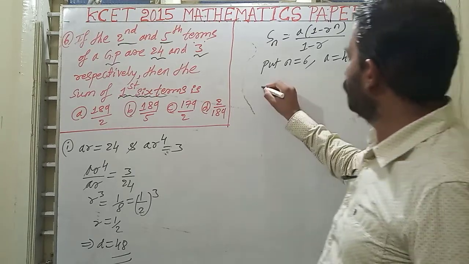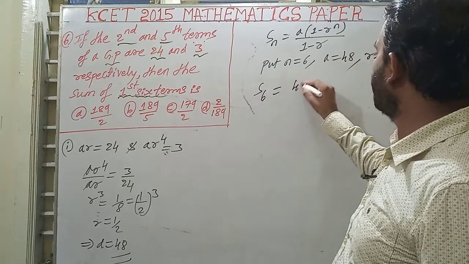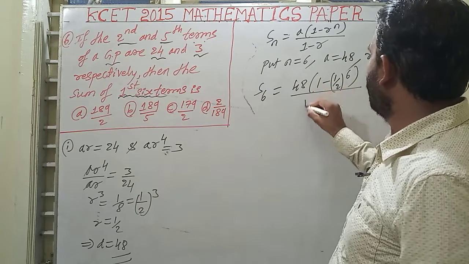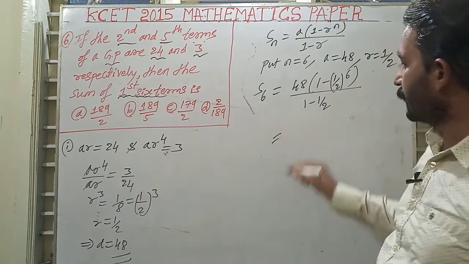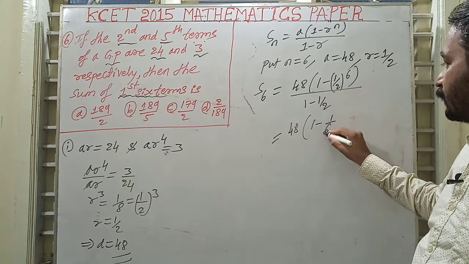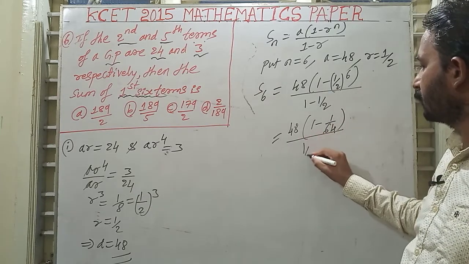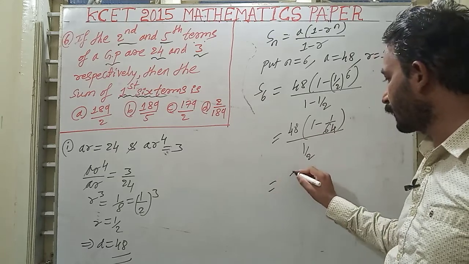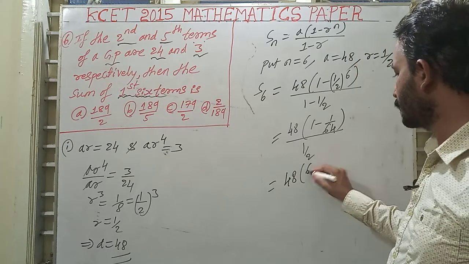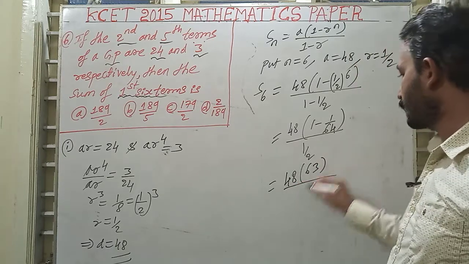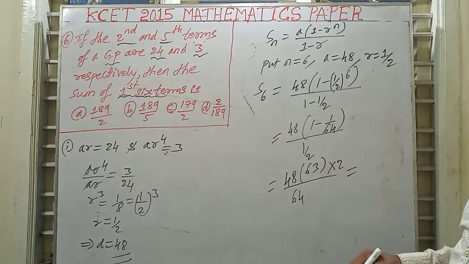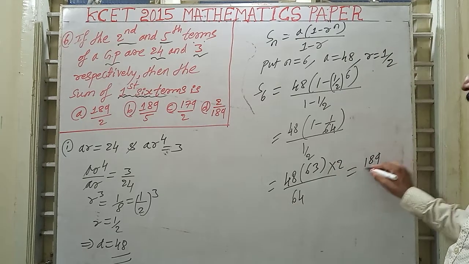So S6 is equal to 48 into 1 minus (1 by 2) to the power of 6 divided by 1 minus 1 by 2. It becomes 48 into 1 minus 1 by 64 divided by half, which is 48 into 63 divided by 64 into 2. Simplifying this, we get the answer 189 divided by 2.